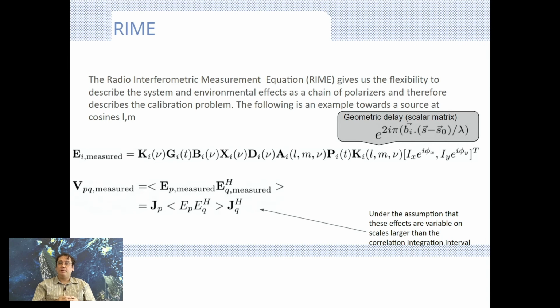Then we have another delay term, which is the geometric delay, which we know perfectly, and that's just a decomposition of the sky cosine, so the difference between the source position with respect to our fringe stopping center onto the antenna baseline vector. So just remember that the baseline itself is always measured as a function of wavelength.